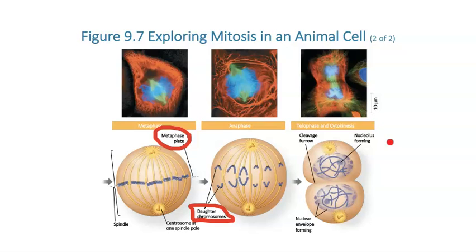In the next phase that we're going to talk about, we're going to combine telophase and cytokinesis. So this picture here is just showing you what's happening in both at the same time. Remember, cytokinesis is what's happening to the cytoplasm. There's a bunch of stuff going on in telophase, including, look at those chromosomes. They're much more spaghetti-like, so they're uncoiling. Another thing that's happening is the nuclear envelope is reforming.